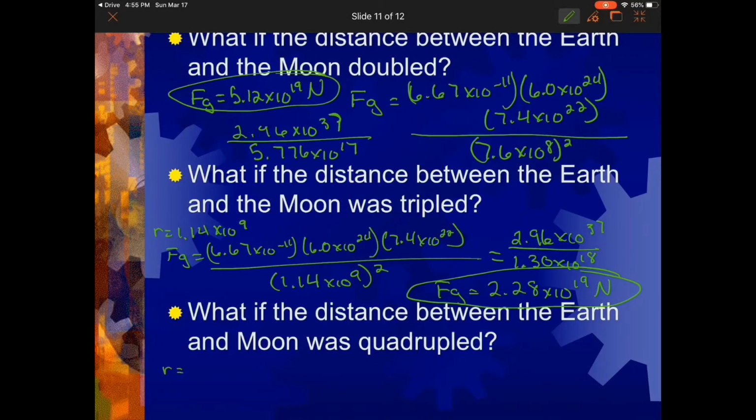We would come up with a number for our distance of 1.23 times 10 to the 9th. All right, I'm going to cheat just a little bit. I'm going to write our already calculated number here.